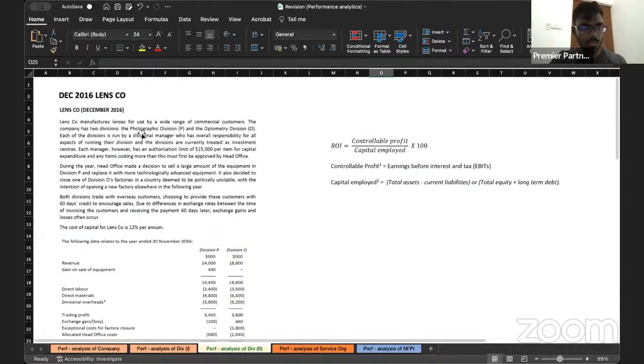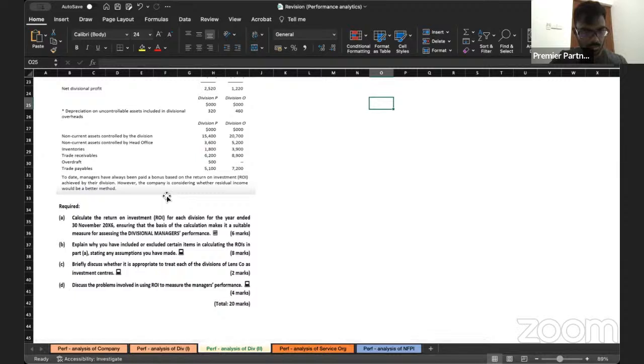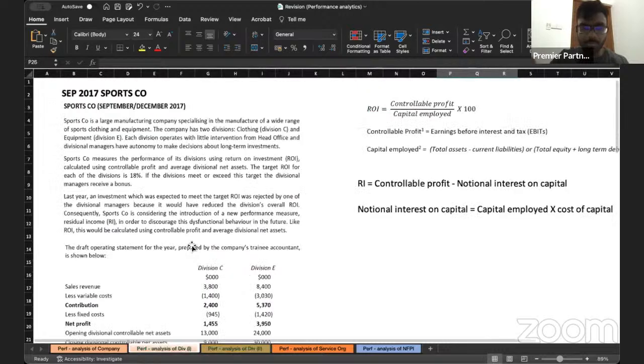Performance. Wait. People, we are doing lens, not the sports, right? We are looking at lens, not sports. This one. This is what I wanted you to do, not sports. Lens. We never did this, no? I don't think we did this in class. People, what did I ask you to do?